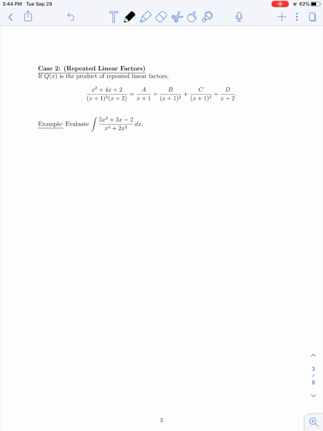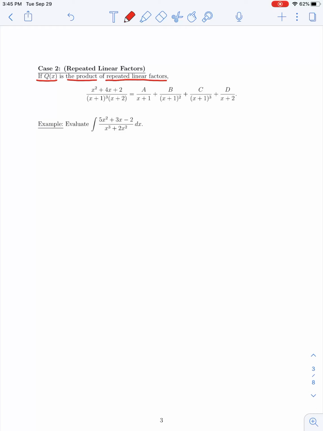Now the next case that we'll talk about is case 2, or the case of repeated linear factors. So let's suppose that the denominator of our rational function, q of x, is the product of repeated linear factors.